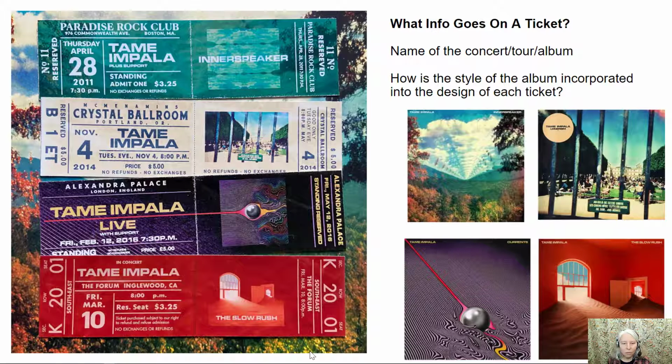And then the last one, with the room full of sand, it looks like they manipulated the colors a little bit on that album cover and then put this sand-like texture and color as the background of the entire ticket.